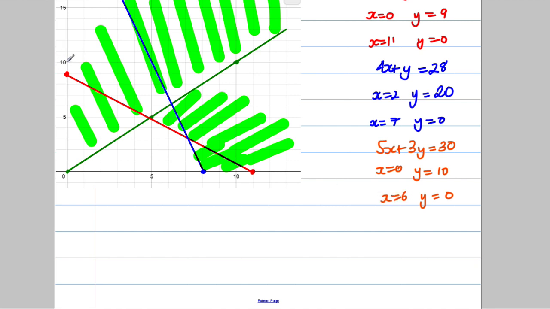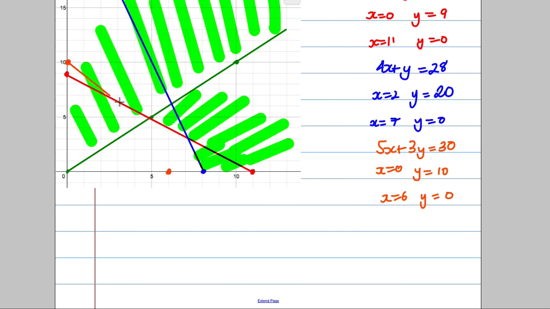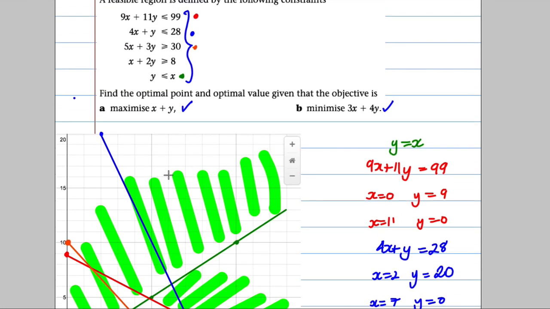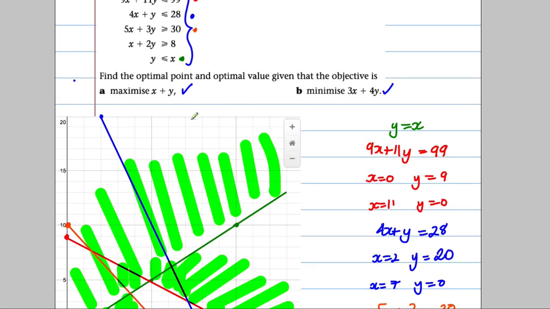So 0, 10 gets plotted with 6, 0, which is here, straight line, like that. And let's just think what we want here. For that one, we want above the line, so we shade everything below the line. So we go back here to our highlighter and we make sure we shade everything below the line here. Okay, so at the moment we've got a feasible region that looks something like that.